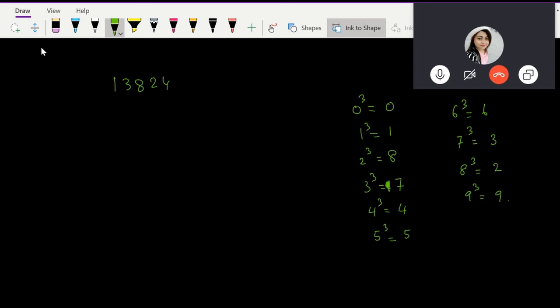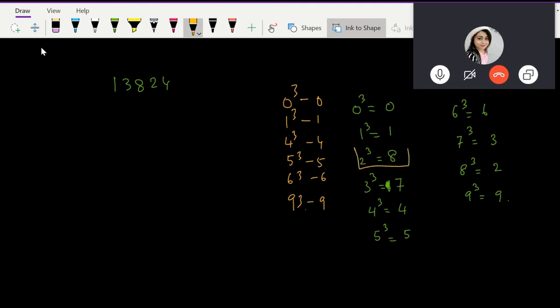For 0, 1, 4, 5, 6 and 9, these 6 numbers, the last digit would be the same. Correct?